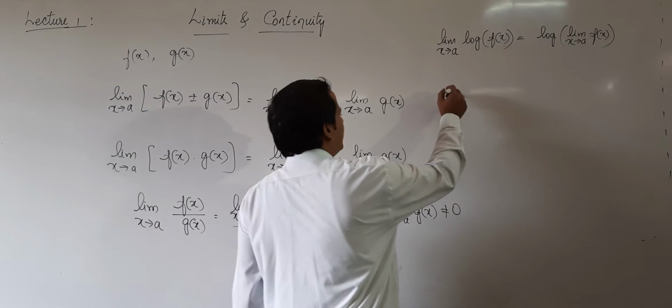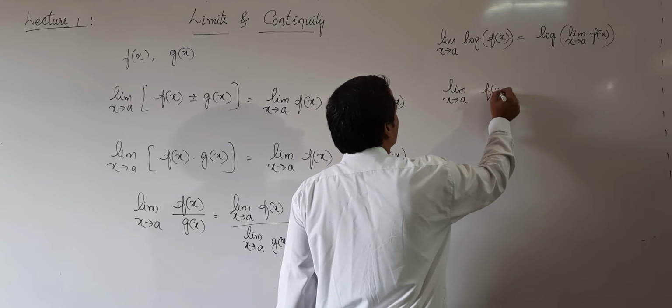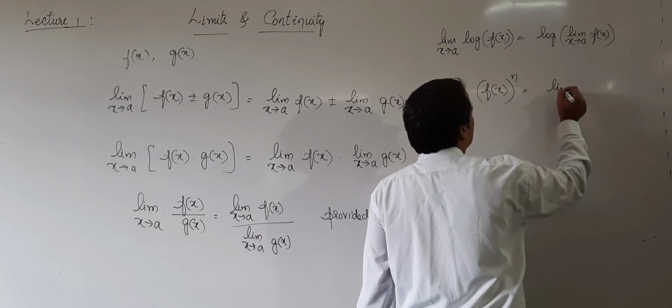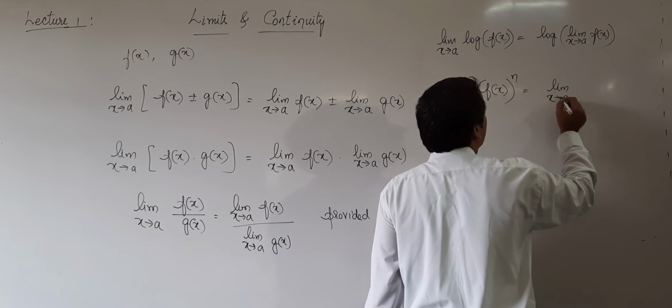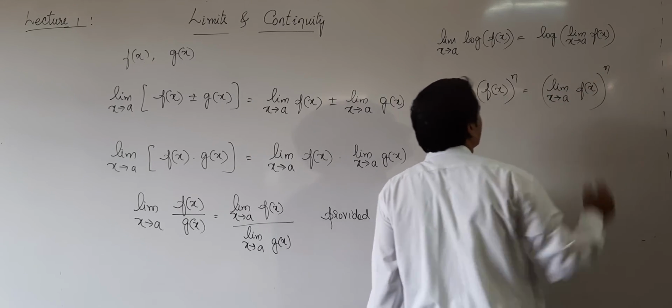Then if I have the limit as x approaches a of f(x) to the power n, we can write this as the limit as x approaches a of f(x), whole power n.